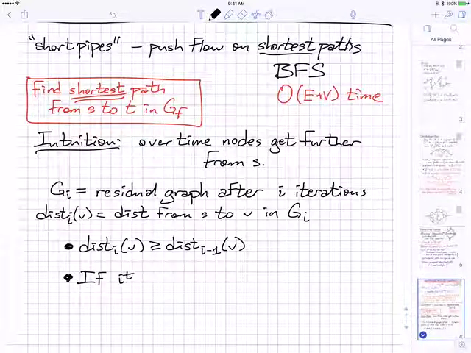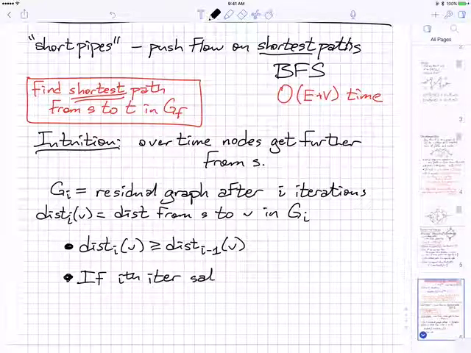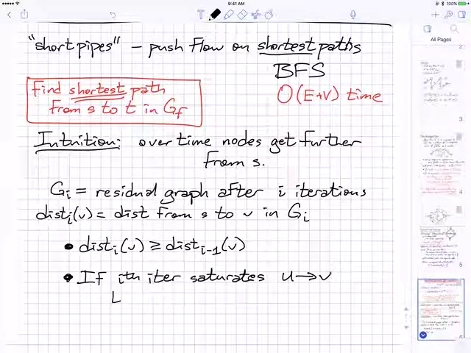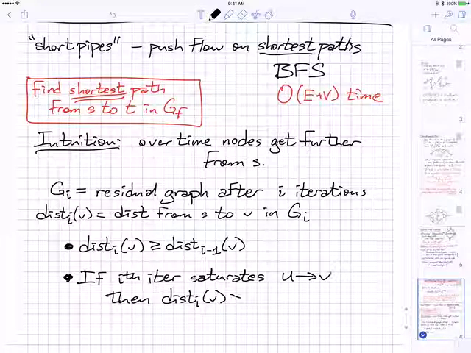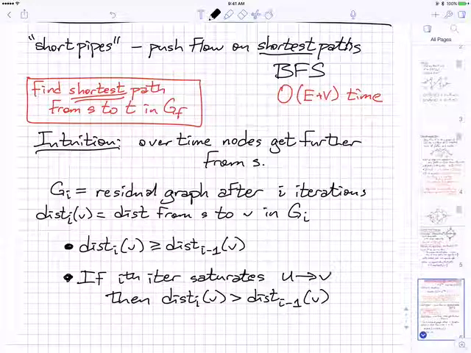If the ith iteration saturates some edge from u to v, then the distance δ sub i of v is strictly greater than the distance at iteration i minus 1 of v. So at every iteration of the algorithm, I saturate some edge, and the endpoint on the far end of that edge is now further away than it used to be.